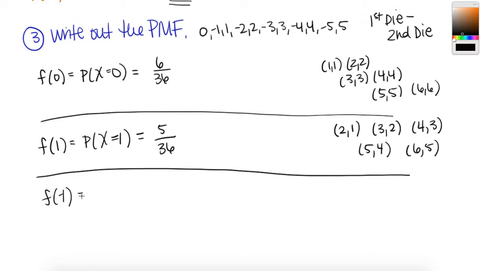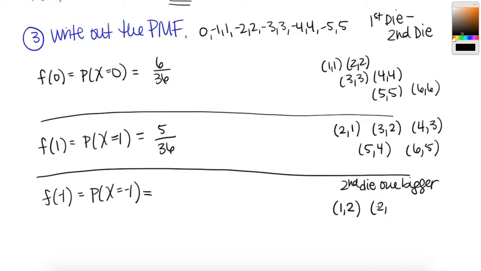Now let's think about f of negative 1, the probability that x is equal to negative 1. So first die minus second die. So this one, the second die needs to be 1 bigger. So let's think about first die first. If it's 1, second die has to be 2. If our first die is 2, second die has to be 3.